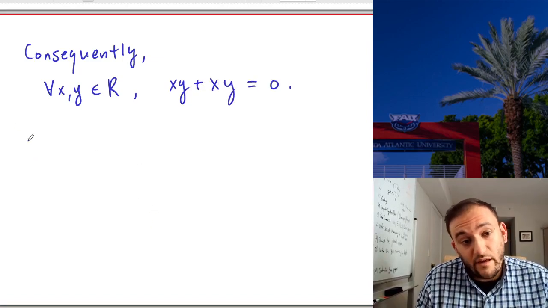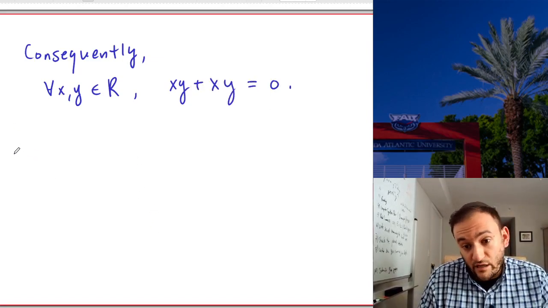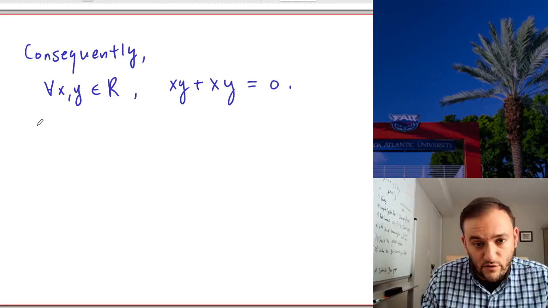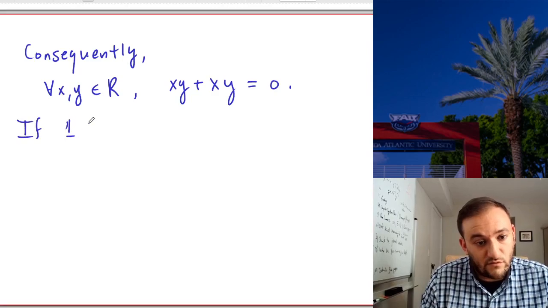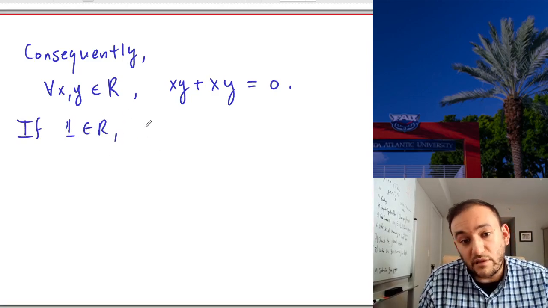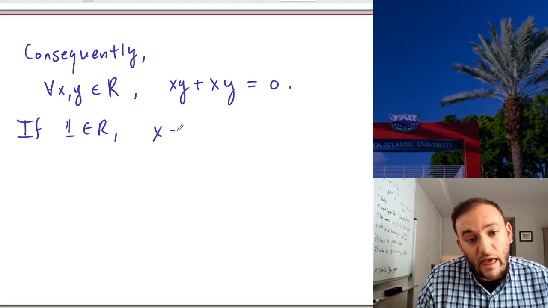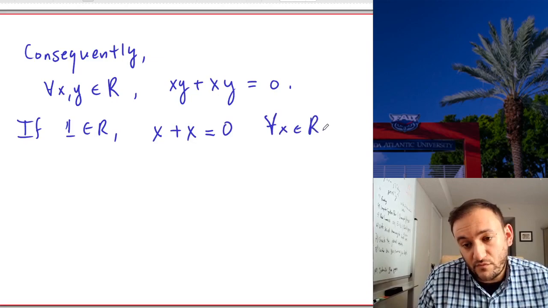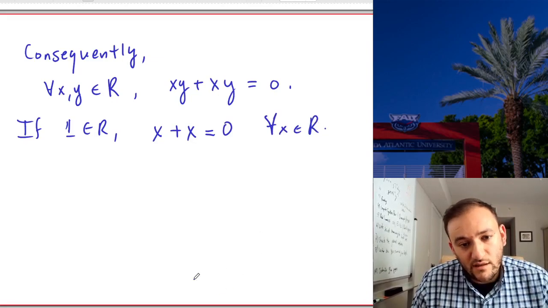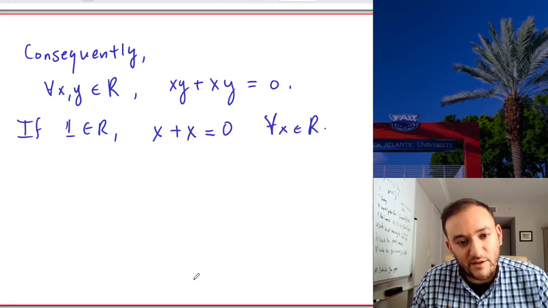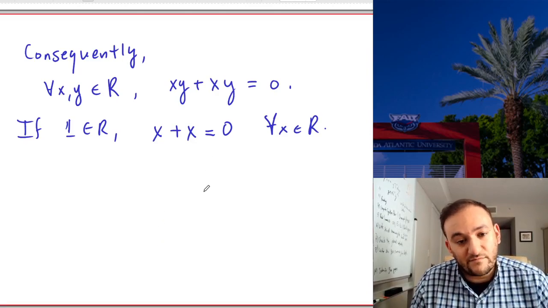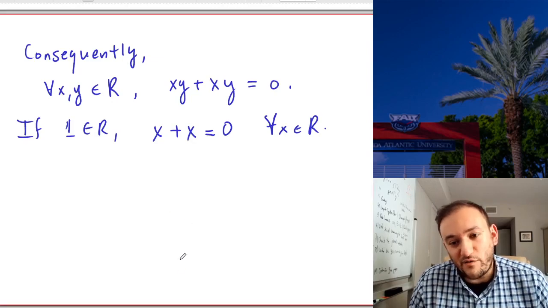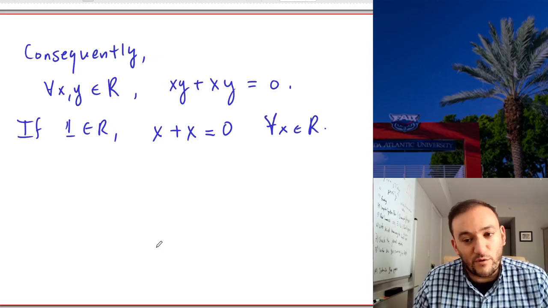In particular, if you have a unit, so if 1 is in R, this would imply that x plus x equals 0 for any x in R. So this is a very special ring with a lot of special properties, and we'll perhaps see some more of them as examples going forward in the course.